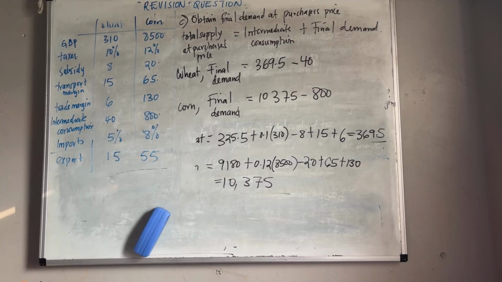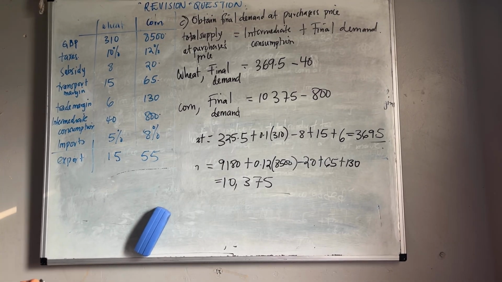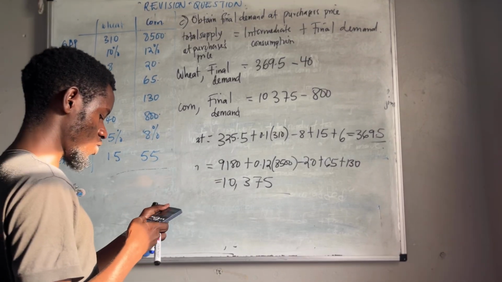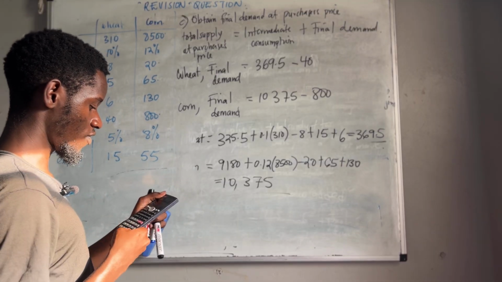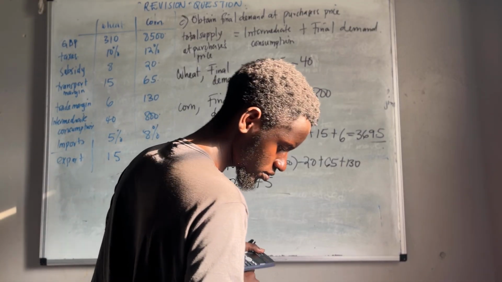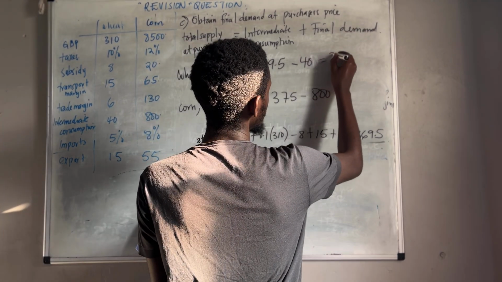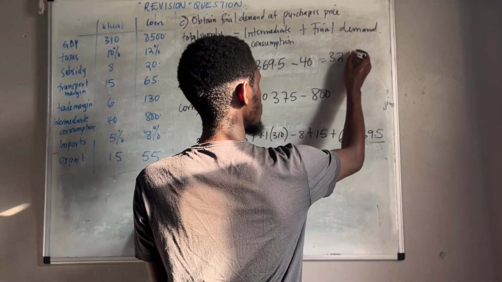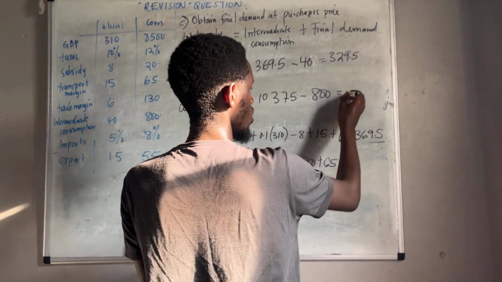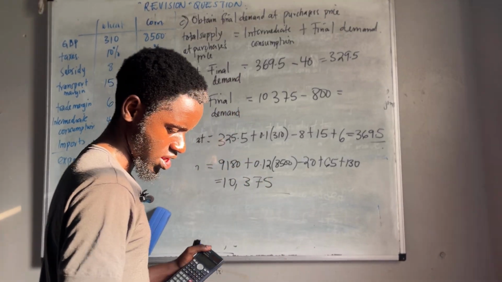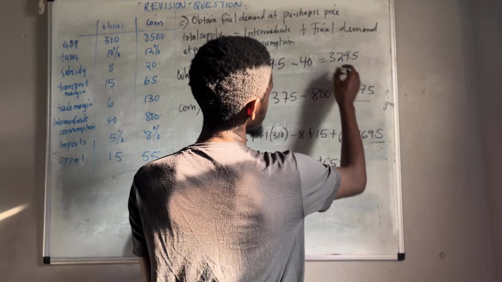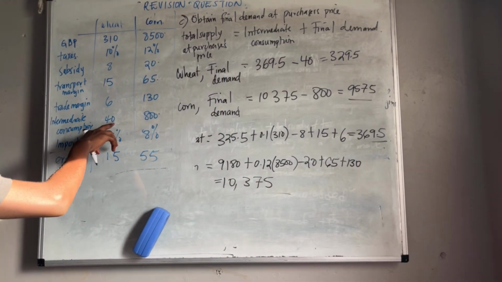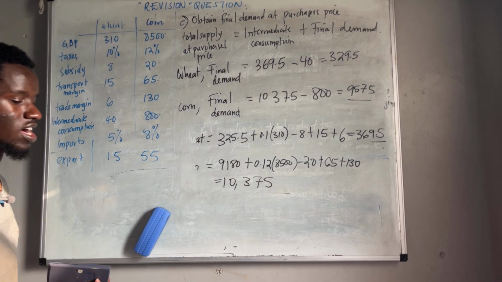If you take 369.5 minus 40, we shall have our answer as 329.5. And here we shall have our answer as 9575. Remember, let us change the intermediate consumption to 40 here so as to have a nice answer.